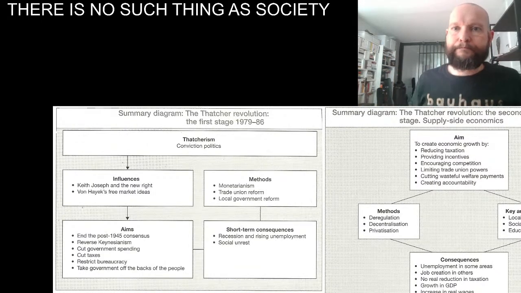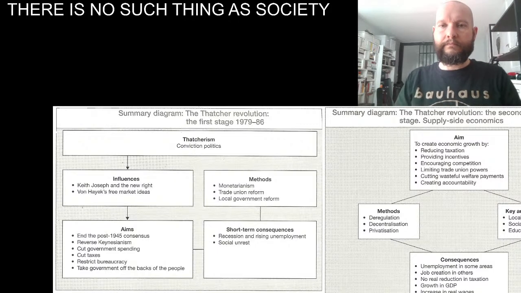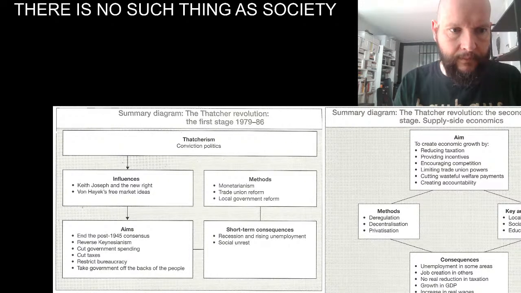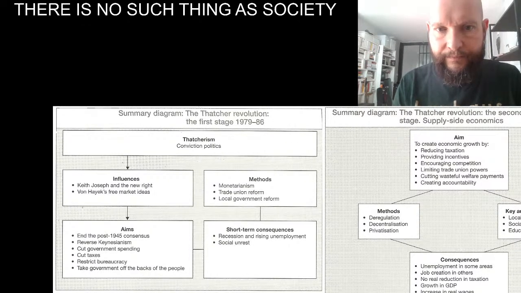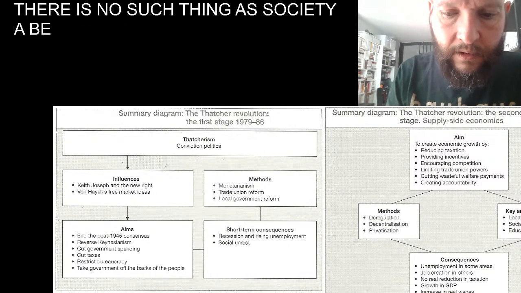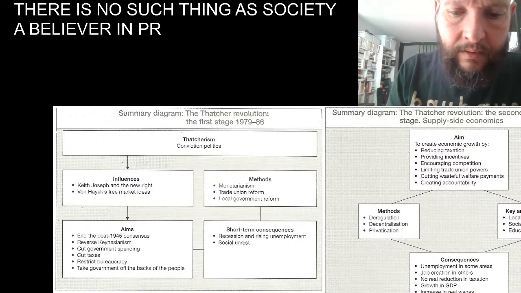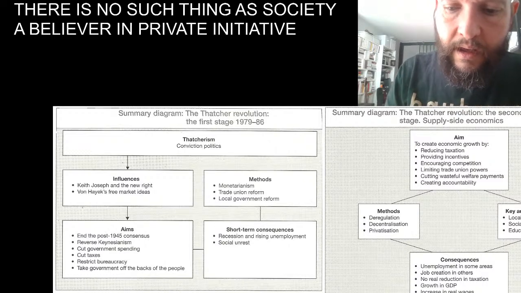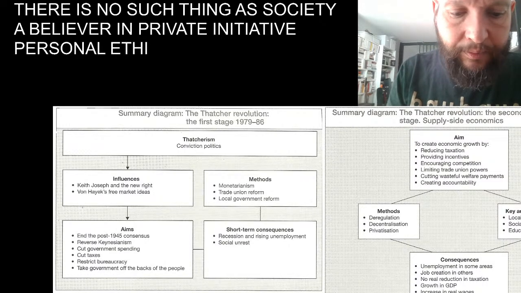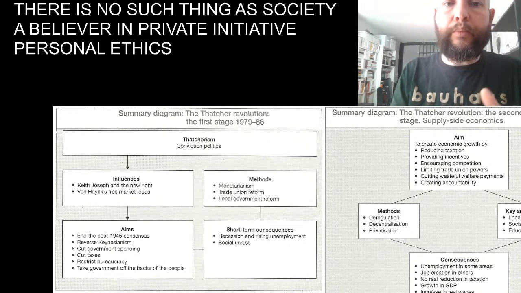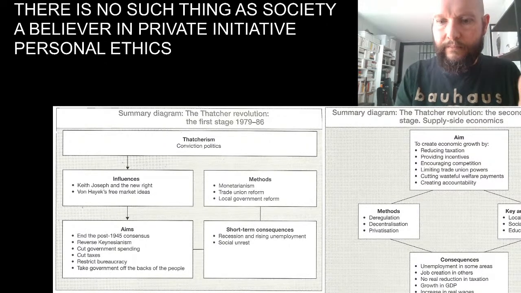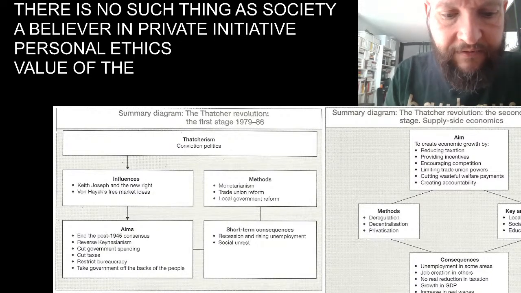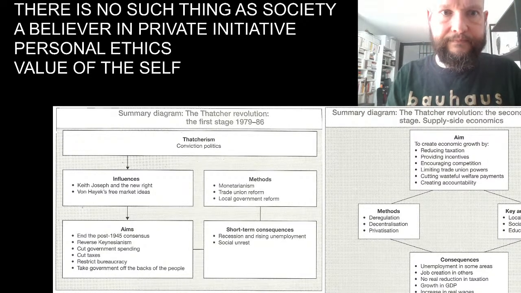What does that mean? It means that she was a strong believer in, sorry, I'm adding some information, she was a believer in private initiative. She believed that people should rely on personal ethics. And she believed in the value of the self.